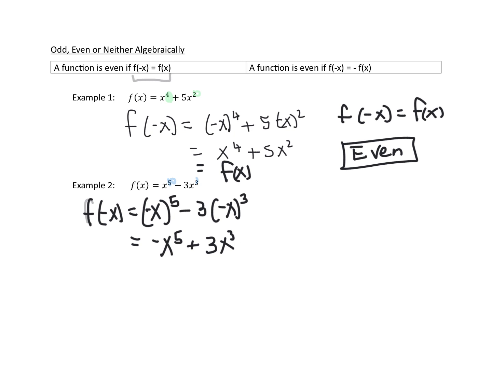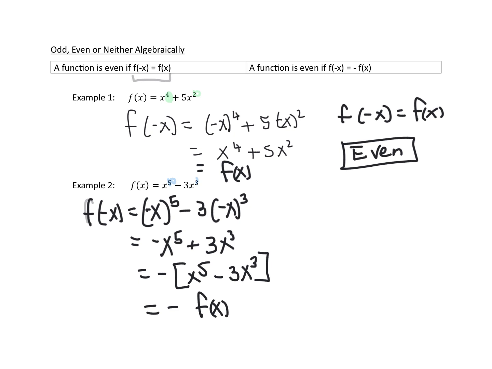And one thing you see here is that these signs are opposite of the original, so that shows me it's odd. Or specifically, if I factor out the negative, I'm going to get x raised to power 5 minus 3x cubed, which is the same as the original function, and this is the same as negative f of x.